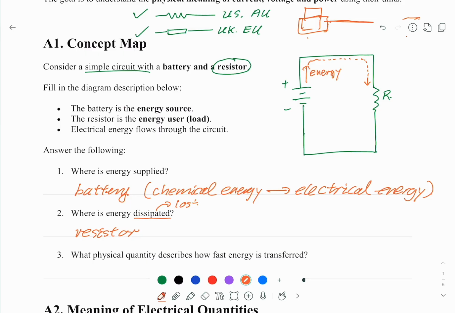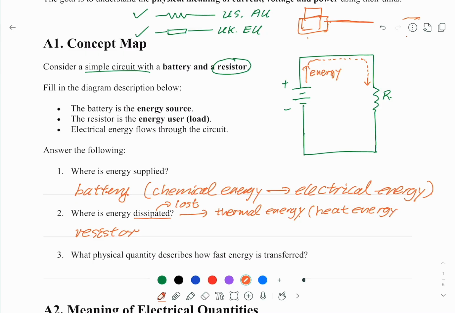It means once the energy is lost, you cannot return it back to electrical energy. Most likely, it will be lost as thermal energy, or more commonly, people say heat energy.